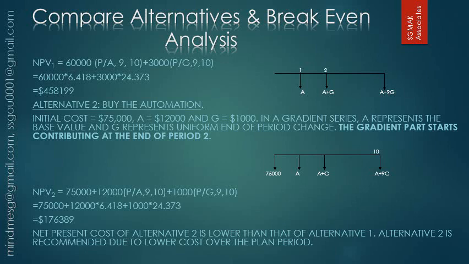So 75,000 plus 12,000 times P over A, 9% in 10 years, plus $1,000 times P over G, 9% in 10 years. And that comes out to be $176,389.